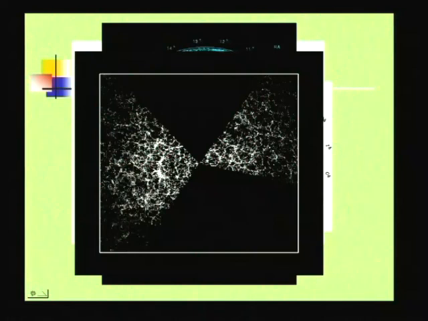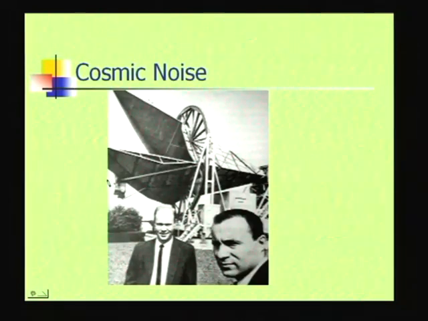Now, let me very quickly tell you about another indication that the universe is isotropic. This is the cosmic microwave background radiation. This picture shows you the people who discovered it, Penzias and Wilson, and this is a topic that I shall come back to in much more detail later.